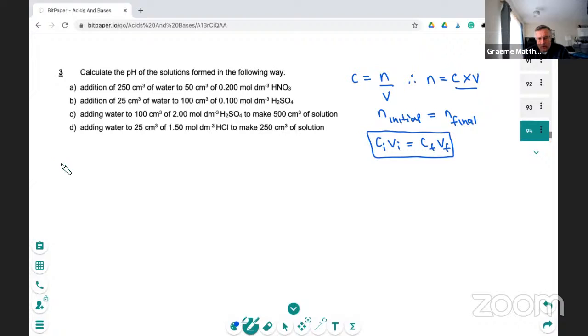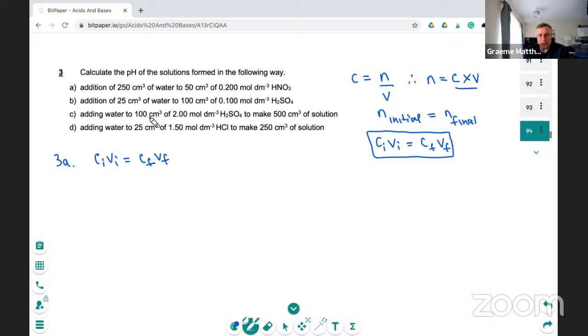On 3A, I'm going to use concentration initial times volume initial equals concentration final times volume final, and we're asking for the pH. The game plan is that we need to get the final concentration of hydrogen ions and then put that into the pH formula.